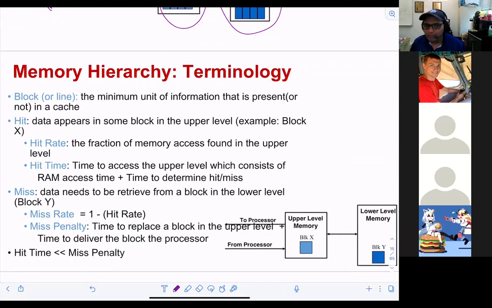So first of all, the minimum amount of data the memory, such as a cache, can host or present, can pass to me, is called a block or line. This is a very good set of information in this slide for any questions I can bring to you, like multiple choice or definitions or true or false. So block or line is the minimum unit of information that's present or not present in the cache. The bare minimum of data.